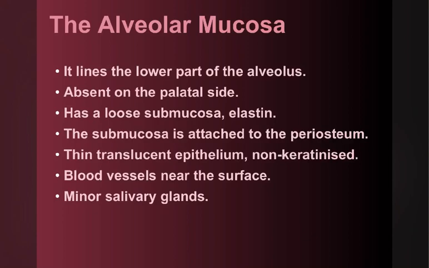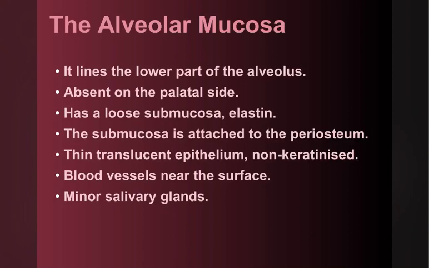Blood vessels in the alveolar mucosa are located near the surface, which contributes to the reddish appearance of the alveolar mucosa as compared to the pale pink appearance of the gingiva.